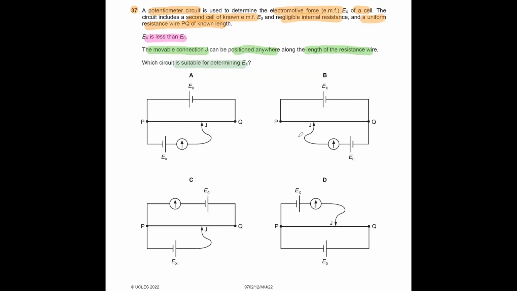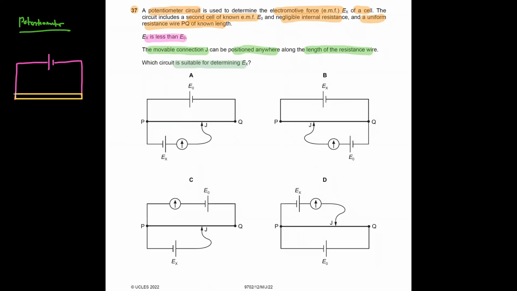Now, let's just have a look at how a typical potentiometer circuit looks like. I'll draw it on the left-hand side of your screen here. You would have what you call a driving cell, which is in turn connected to a uniform resistance wire.